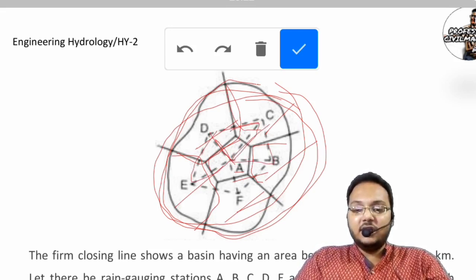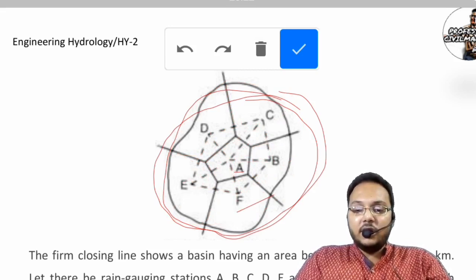So as you can see, amongst all these rain gauges, the dotted lines which are there are having triangular networks. You can see it over here. These are having some triangular networks.